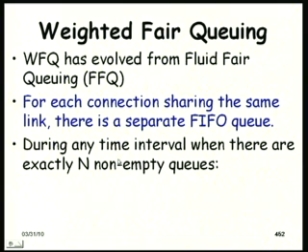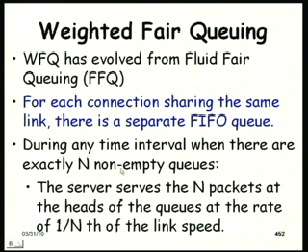During any time when there are exactly n non-empty queues, the server serves the n packets at the head of the queues at the rate of 1 by n of the link speed.